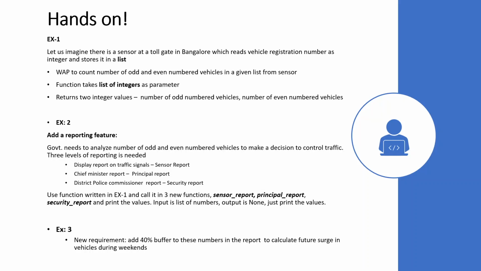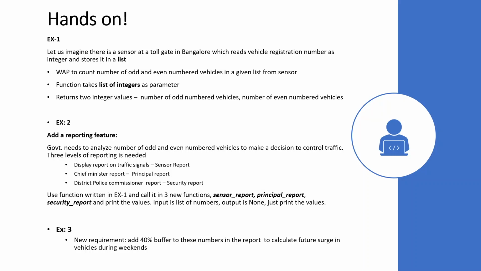WAP means write a program. Write a program to count the number of odd and even numbered vehicles from the given list, which is from the sensor. The function takes a list of integers, as we just discussed. It takes a parameter. This is how the requirement is usually defined: I need a feature, and the feature's input is this and output is this.